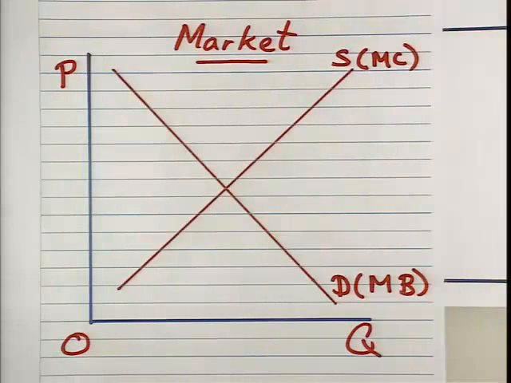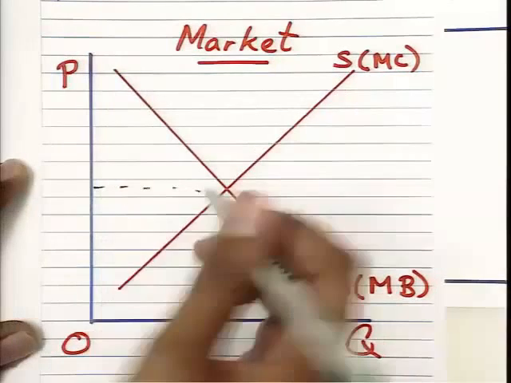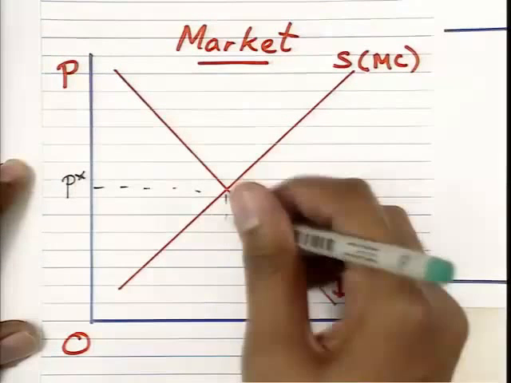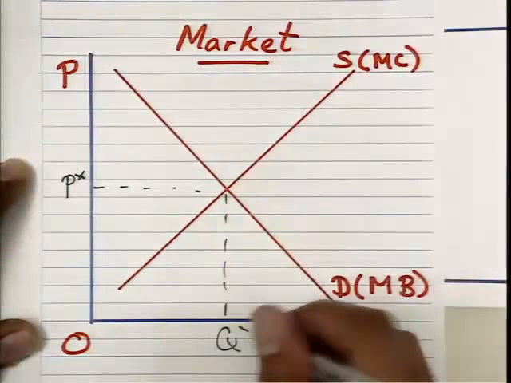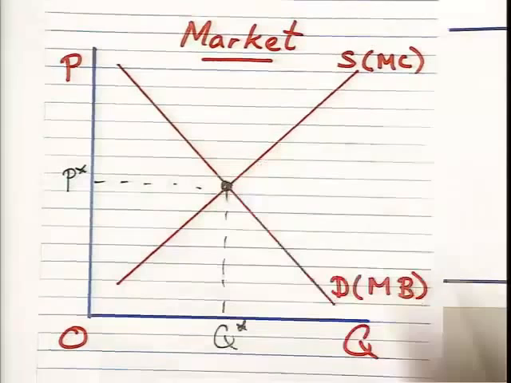The market decides the market price and the market quantity. I know this is very easy for you now.